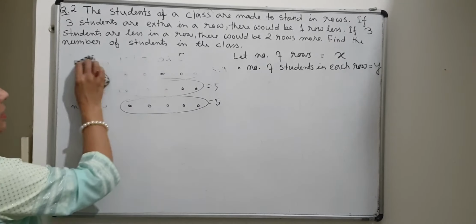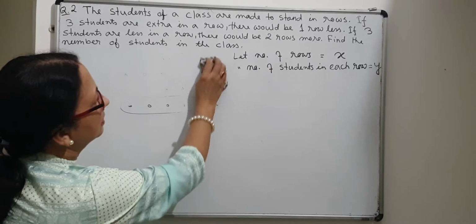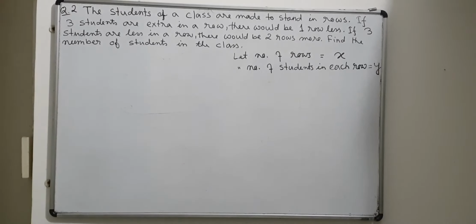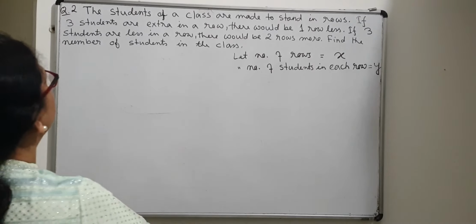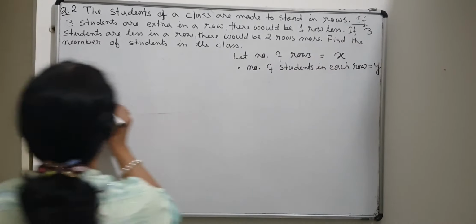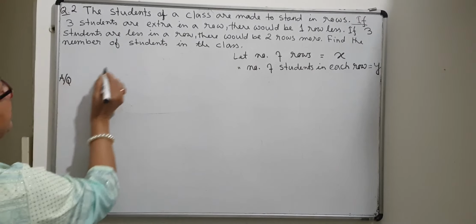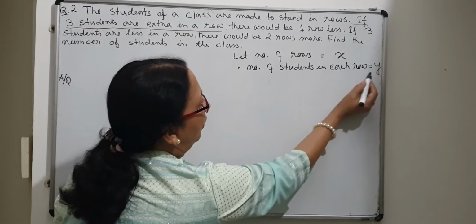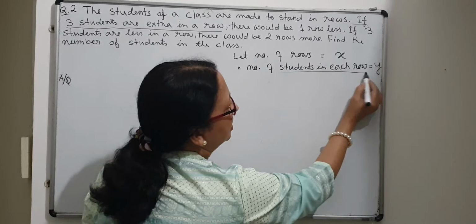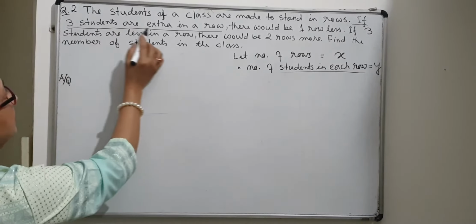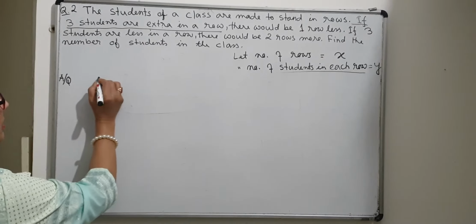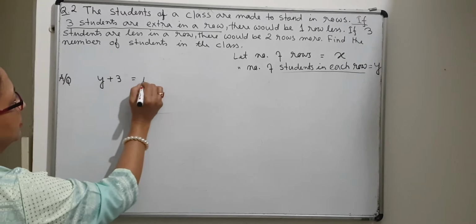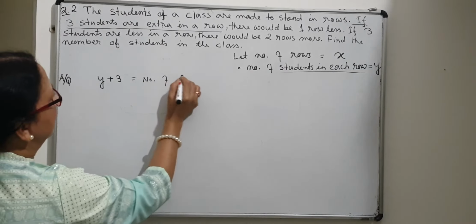Now let me erase this one. Now let us form equations with these variables. Now you see, in the first case, according to the question, if 3 students are extra in a row, that is, initially there were y students in each row, so now 3 students extra, the number of students in each row will be y plus 3.